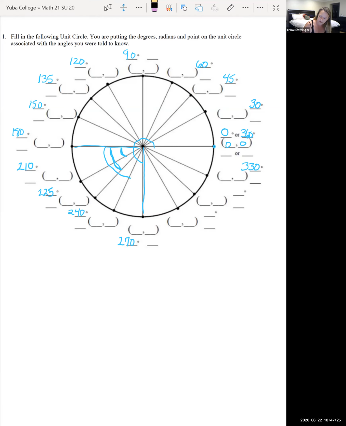This is 360 degrees for a full rotation, and if I subtract 45 degrees from 360, this is 315 degrees. And then 360 minus 60 degrees to get my other reference angle, that's 300 degrees.